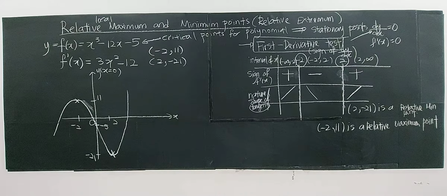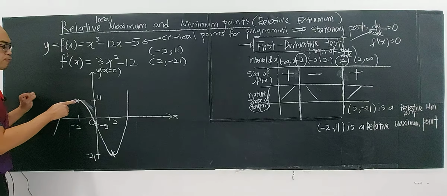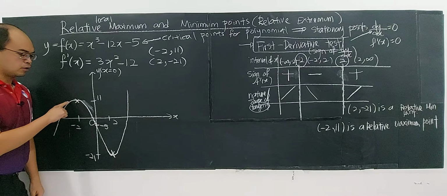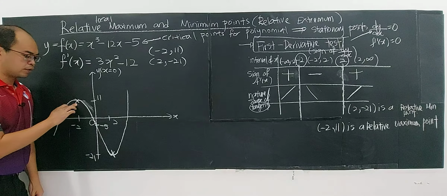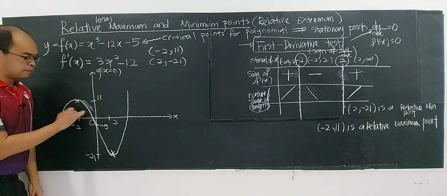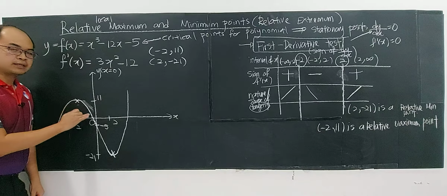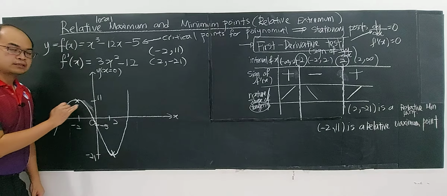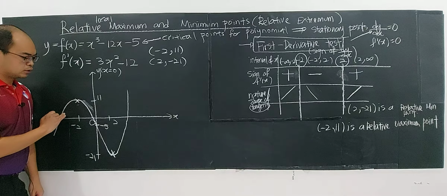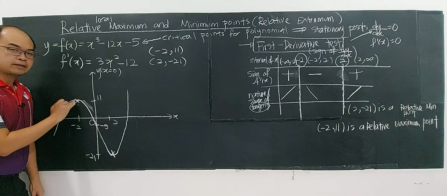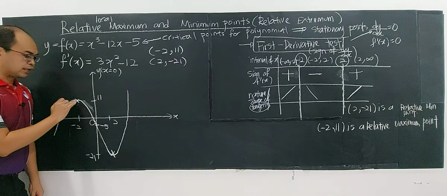Now I'm going to tell you the meaning of relative maximum. Relative maximum is the maximum compared to the neighboring points. The neighboring points are much lower than this point.